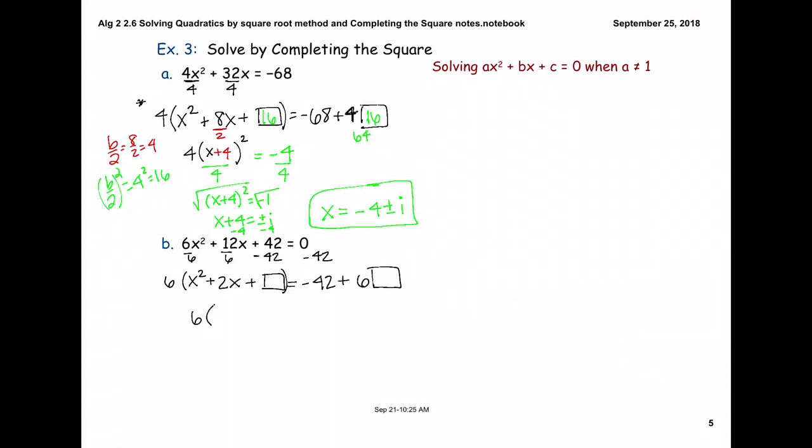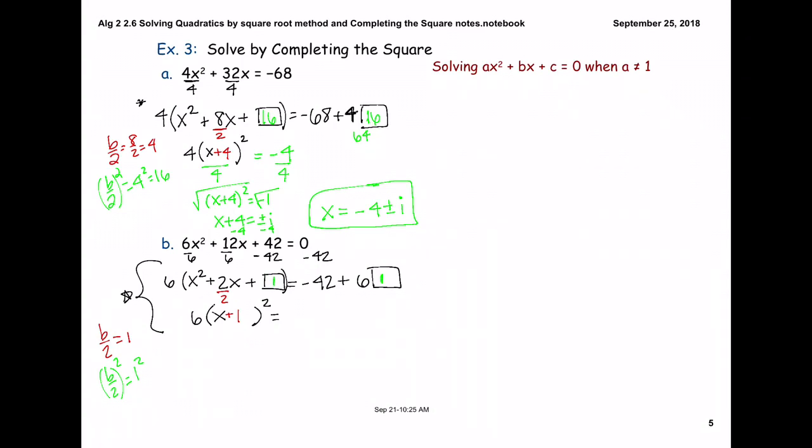Our 6 will go outside of our binomial because this is the standard form for how to set up an equation when we're solving using completing the square. Our b divided by 2 is going to go in our parentheses, so 2 divided by 2 is going to give us a positive 1. Our b divided by 2 squared is going to give us a 1 in both of our boxes.